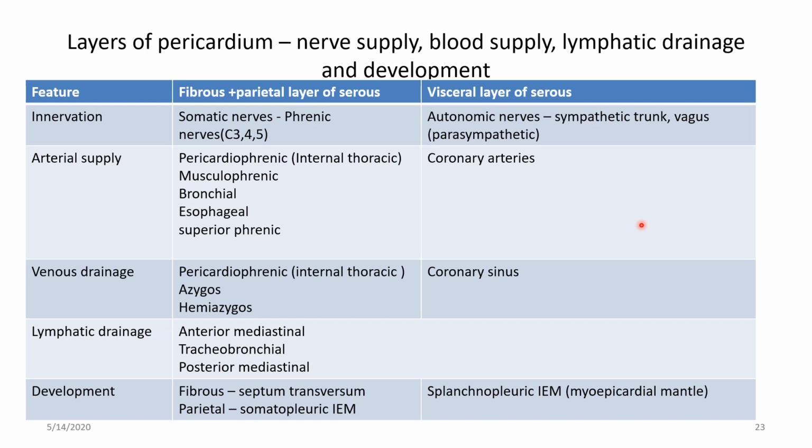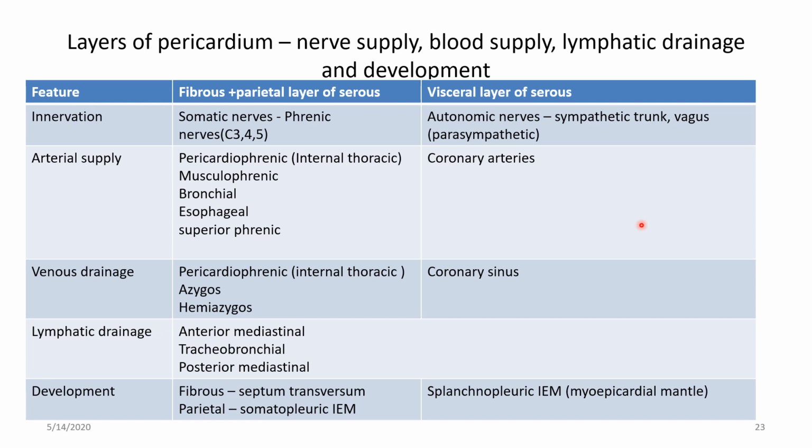Arterial supply for the fibrous and parietal layers of serous pericardium is by pericardiophrenic arteries, which are branches of the internal thoracic artery. Musculophrenic artery also supplies these two layers.